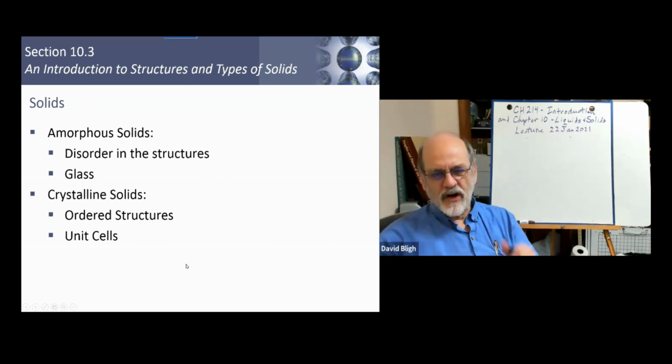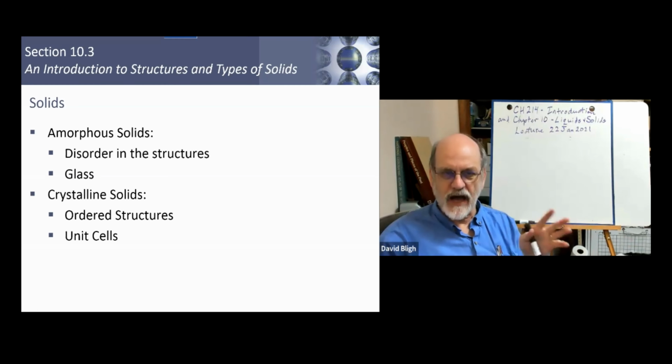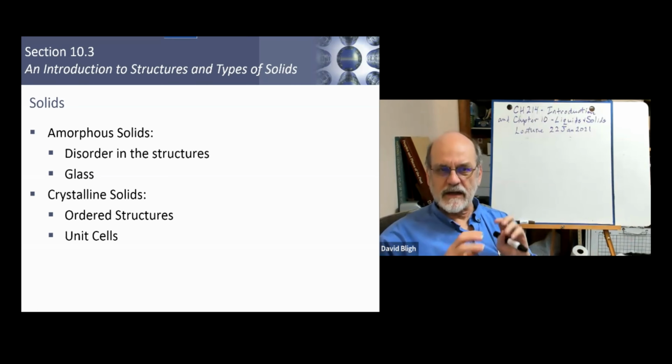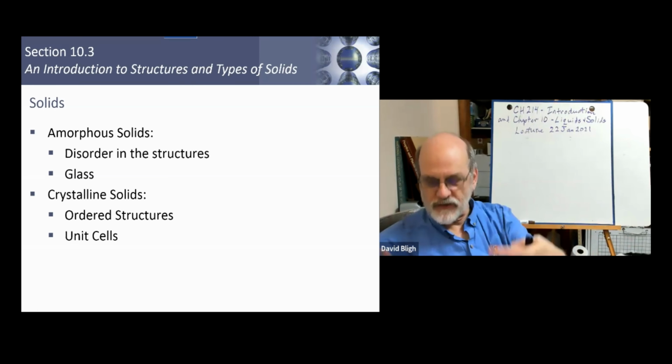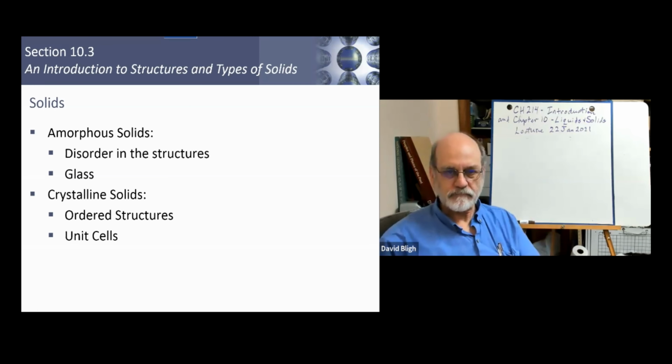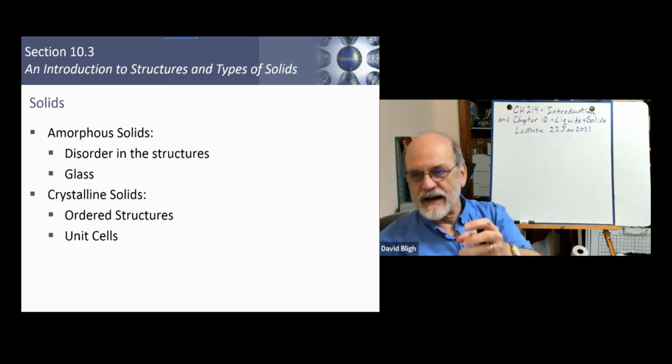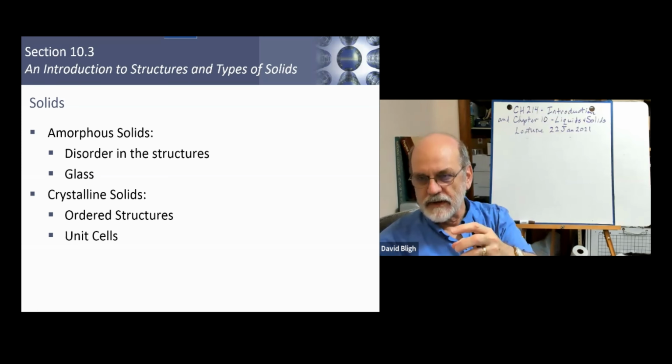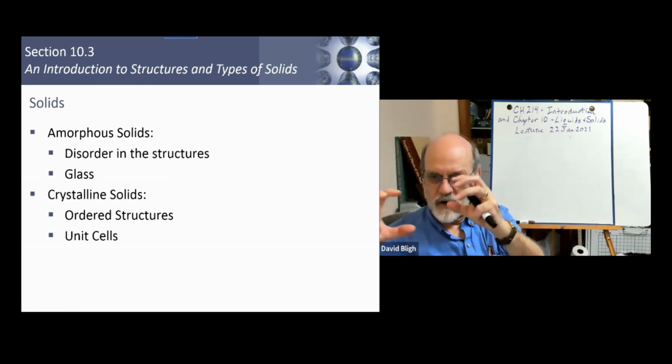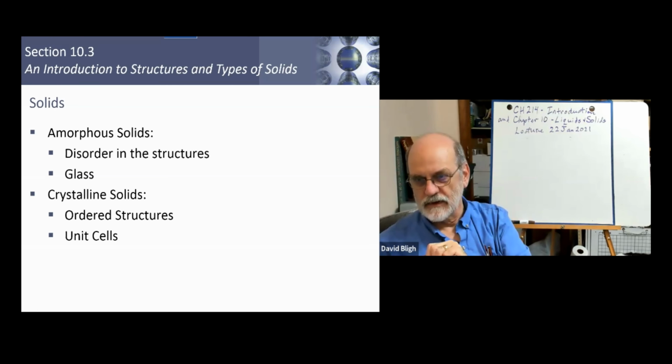Okay, let's talk about solids now. We've talked about gases, liquids, now solids. We can characterize solids in roughly 2 types. Let's start with the second type, the crystalline solid. In the crystalline solid, the atoms or molecules are in a regularly arranged structure.